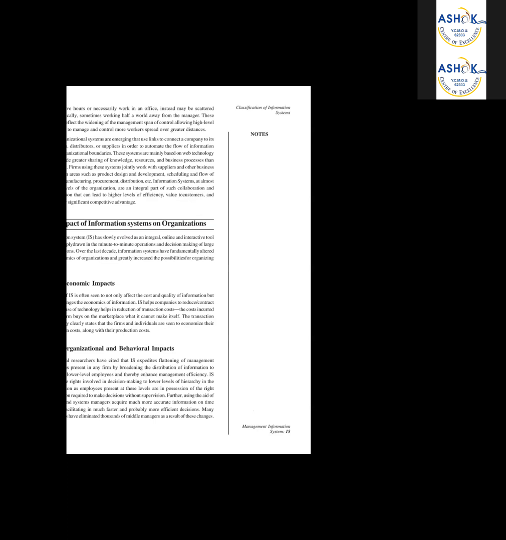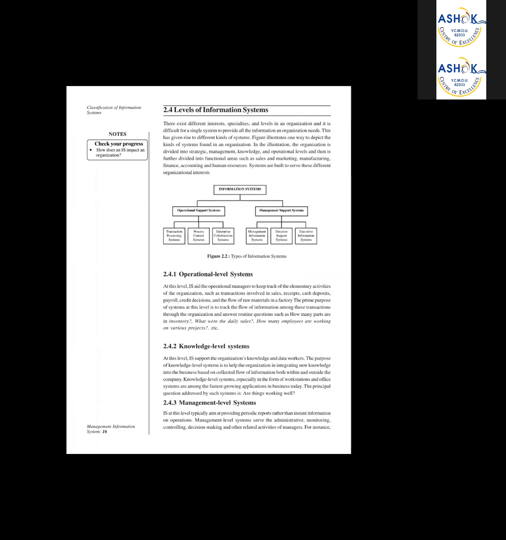Next, levels of information systems. Levels of information systems means there exist different interests, specialties, and levels in an organization, and it is difficult for a single system to provide all the information an organization needs.